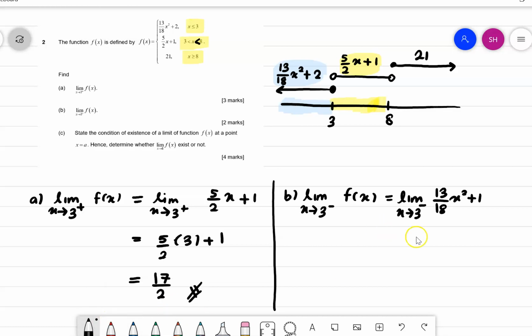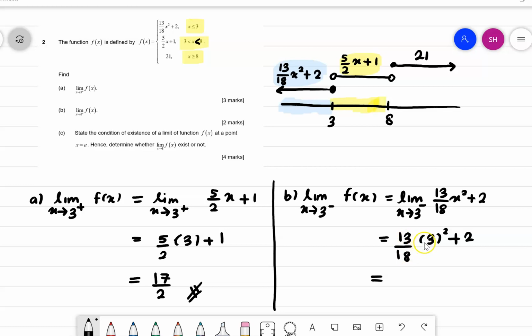As before, we substitute x with 3 inside the function. Since we already substitute x with 3, you don't have to write down the limit again.